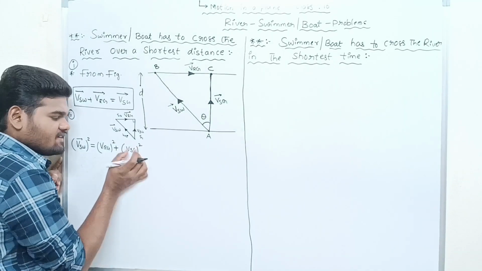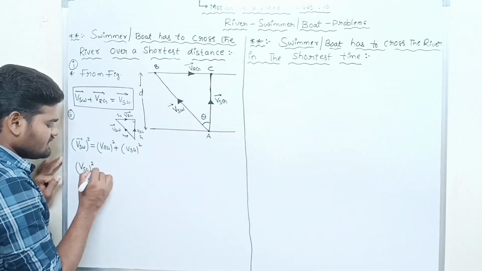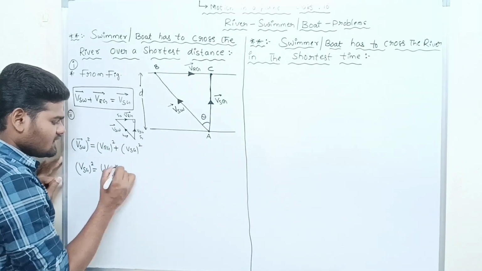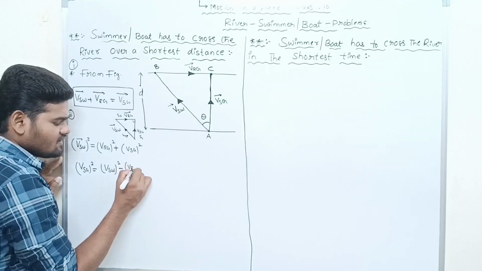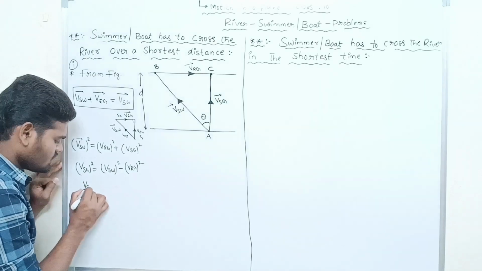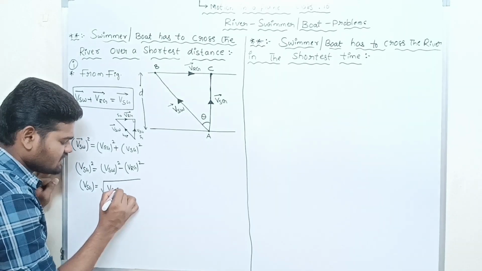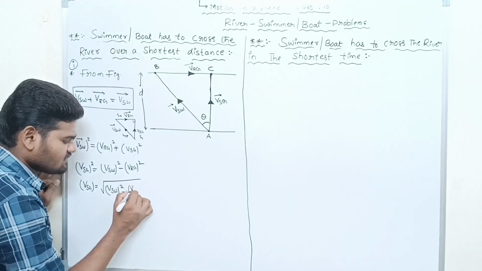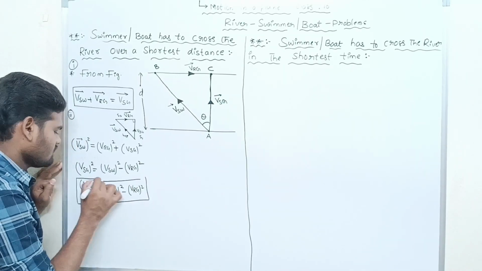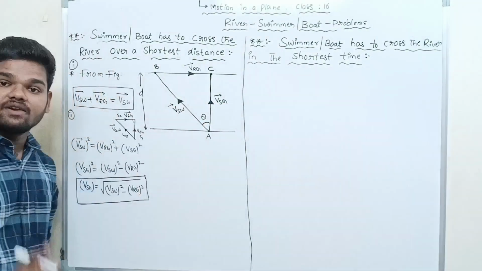If you want to find the velocity of swimmer with respect to ground, the term comes to this side, so velocity of swimmer with respect to ground equals the under root of velocity of swimmer with respect to water whole square minus velocity of river with respect to ground whole square. So this is the formula for velocity of swimmer with respect to ground.